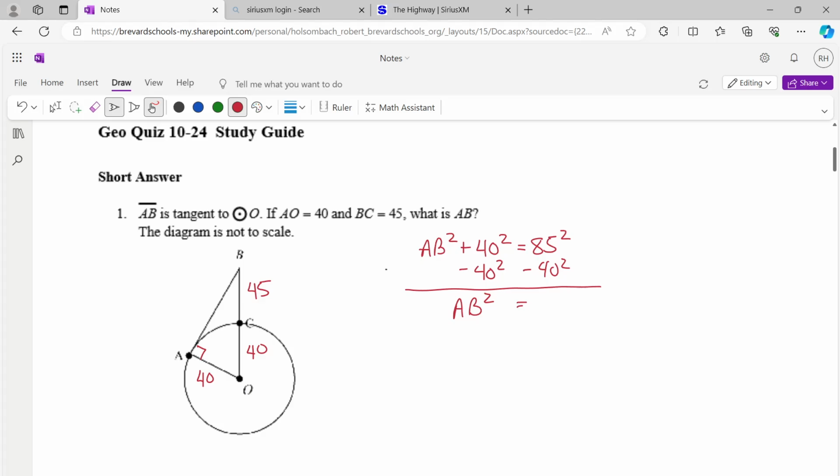AB squared equals 5625. And then find the square root of each side. So AB equals 75.